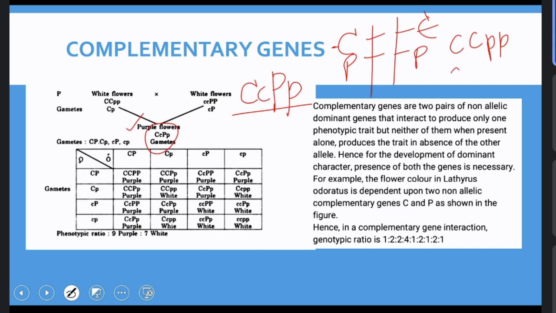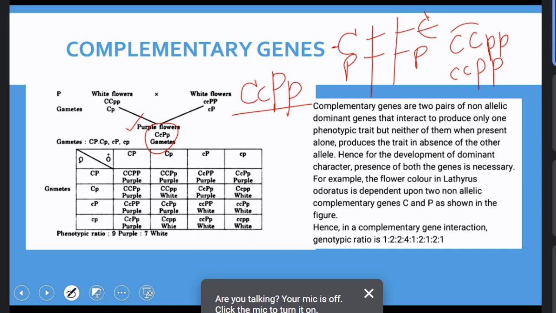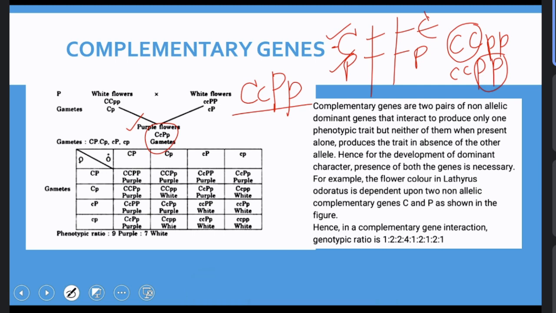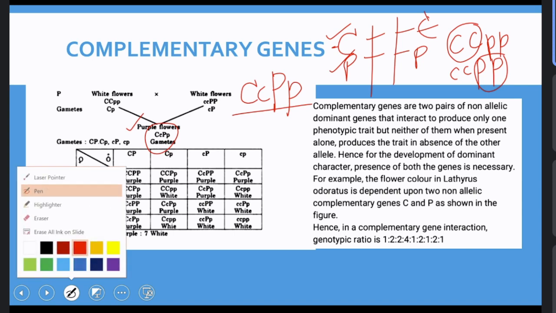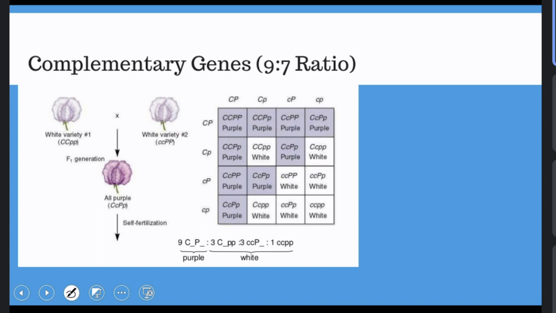In the second case, the first locus is recessive, small c, and the second locus is capital P, that means it is dominant. In this case also, it is white. What is happening? When both the loci are dominant, then only the purple flower color appears. And this was explained by the scientists in this way.